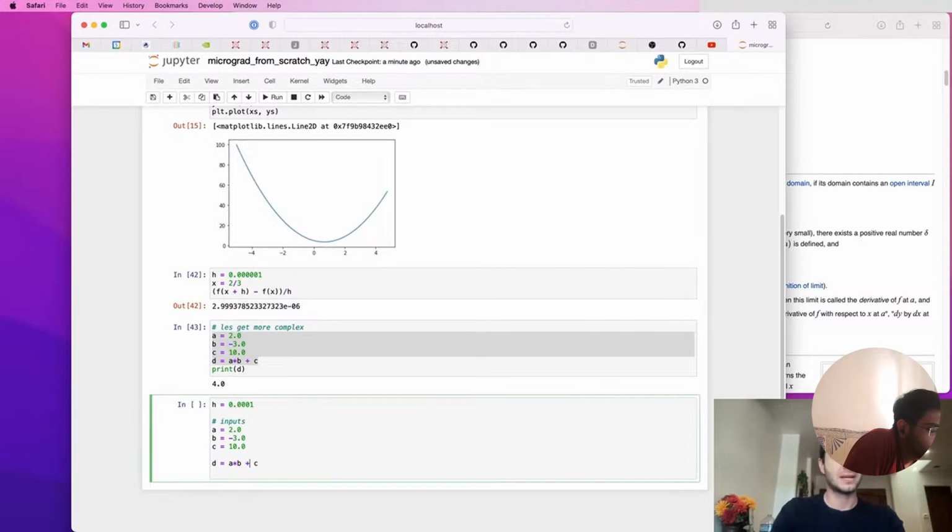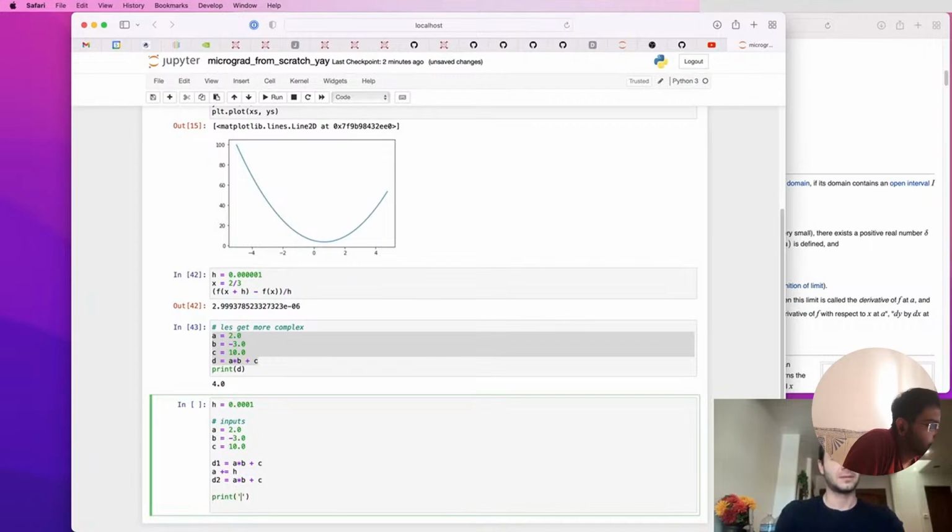So there's the inputs, and now we have d1 is that expression. And then we're going to, for example, look at the derivative of d with respect to a. So we'll take a and bump it by h, and then we'll get d2 to be the exact same function. And now we're going to print d1 is d1, d2 is d2, and print slope.